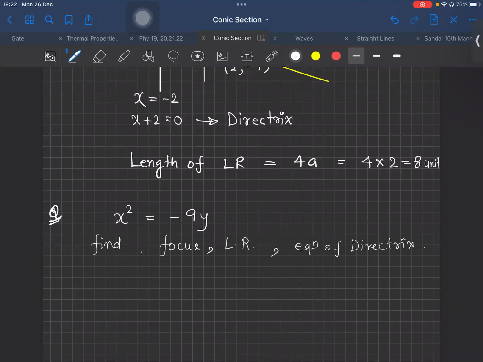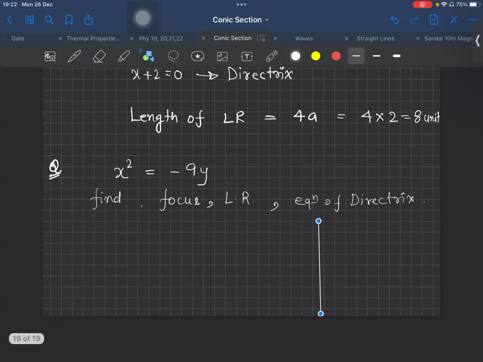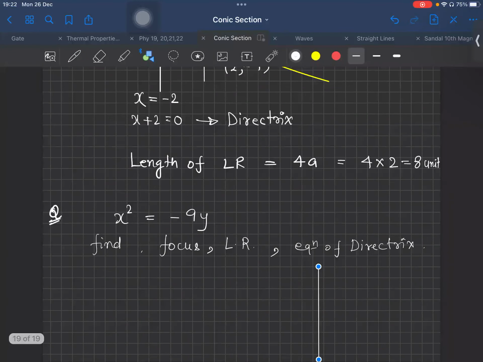Now, what type of parabola is this? Try to understand. You just simply need to plot this function. So this is a parabola which looks something like this.